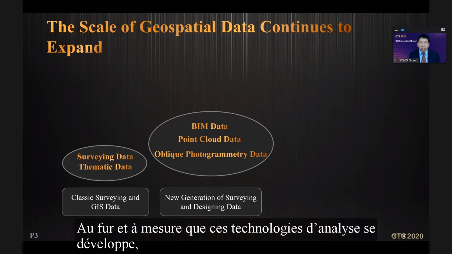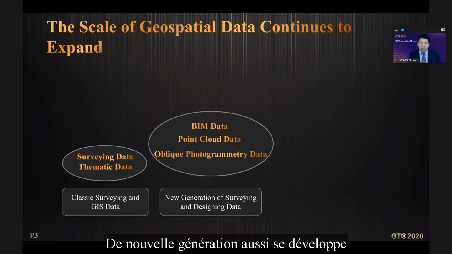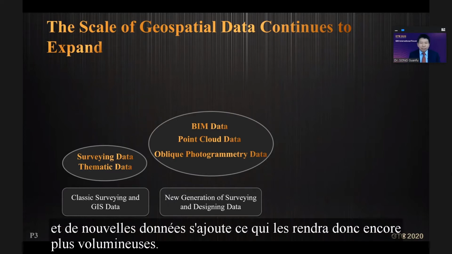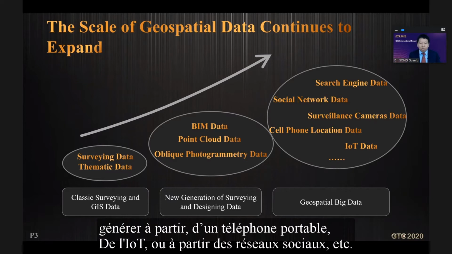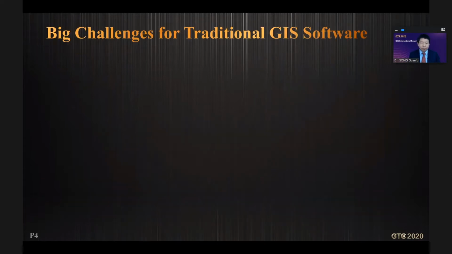As the new generation of surveying technology develops, more new data joins, making the data even larger. For example, BIM data, point cloud data, oblique photogrammetry data, and so on. Geospatial big data is even bigger, which is generated from cell phone locations, IoT, social networks, etc.